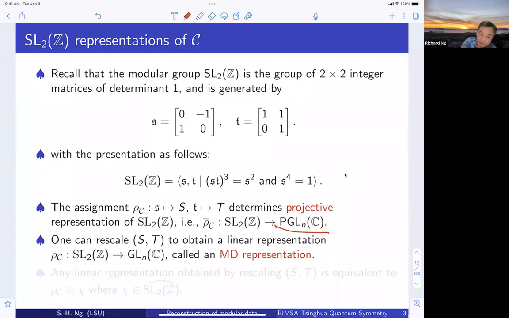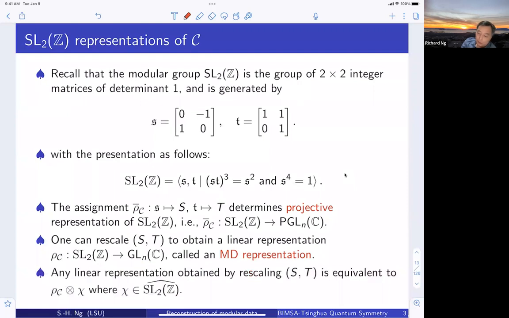Now there's one problem here. When you rescale this S and T matrix, you get more than one linear representation. They are not equivalent. They differ by this: if you get one, let's say rho, the other one is simply the tensor product with a one-dimensional representation of SL2Z with the one that you obtained. So all of these linear or MD representations of a given modular tensor category could differ by a linear character of SL2Z.